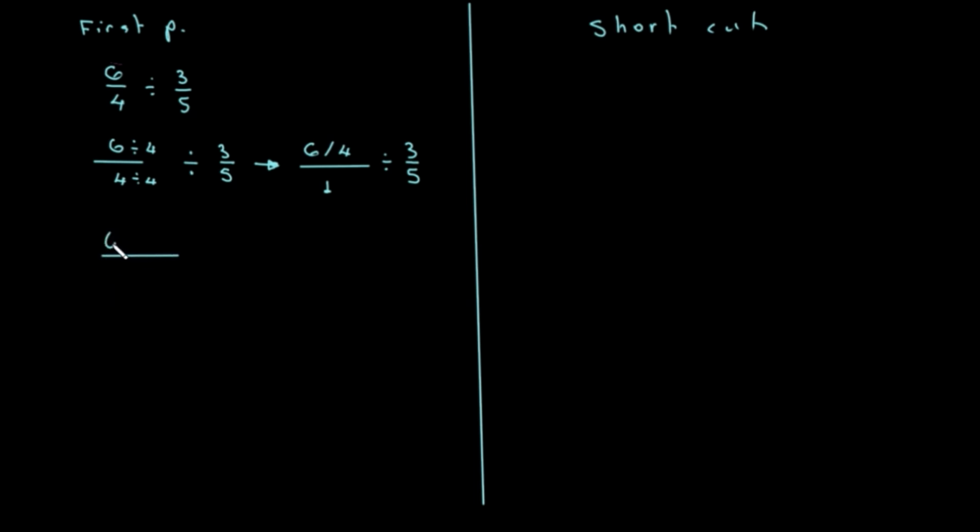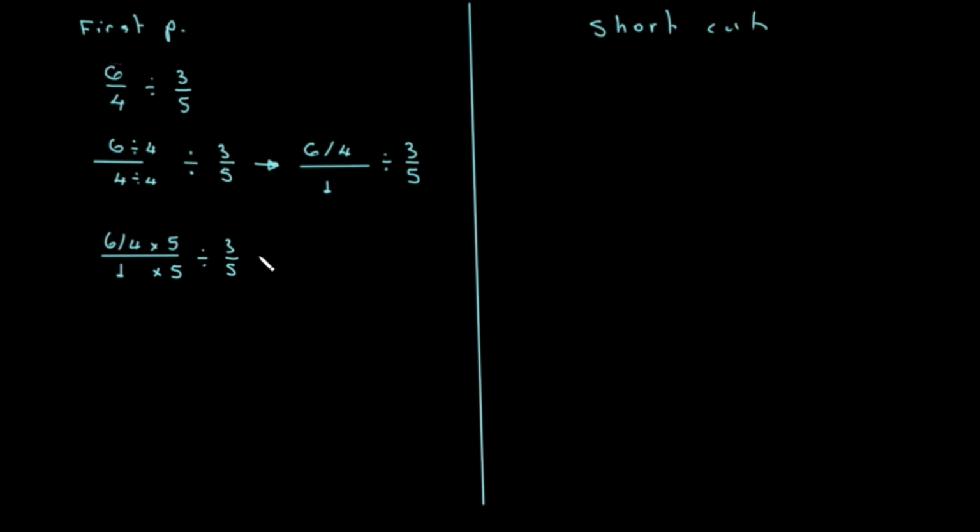So what we have now is 6 over 4, there's your 1, which we want to change to 5, so we multiply it by 5, and we have to multiply the top by 5 as well. Divide by 3 over 5. They just look different, they're the same values, nothing has changed in value.